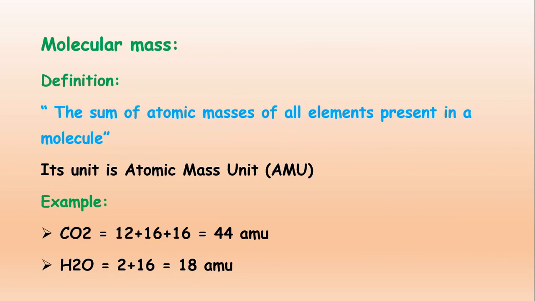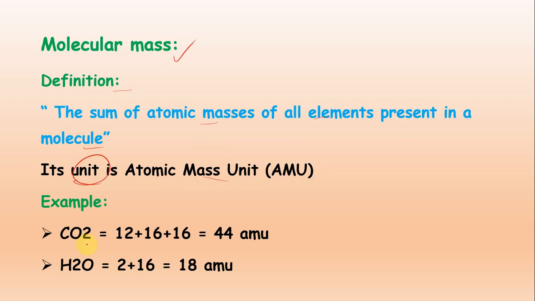Now what about molecular mass and formula mass? Definition: the sum of atomic masses of all elements present in a molecule will be called the molecular mass. It is represented as AMU, atomic mass unit.